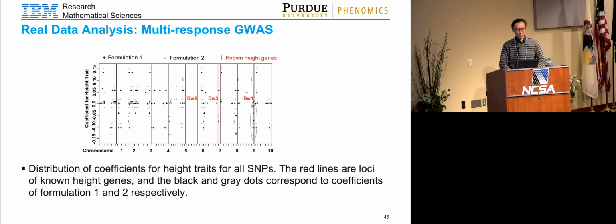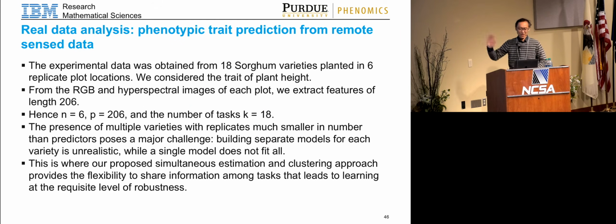Okay, so there's also another experiment we did with the same methods. It's a different problem this time. It's a little confusing, but it's for phenotype trait prediction given the remote sensing data.